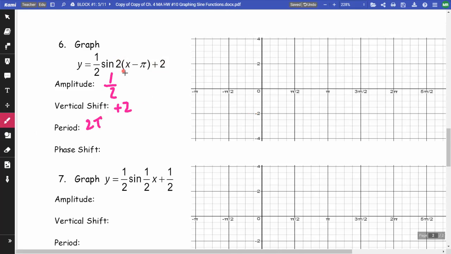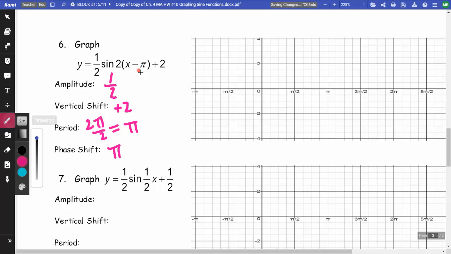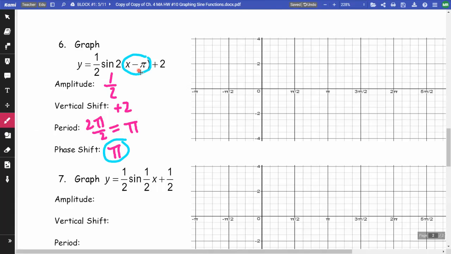So 2 pi over 2, which is pi. So my graph is going to be pi distance. And then my phase shift is what's going to make this 0, which happens to be pi. This came from this 2 here, just so everyone understands where I'm getting these.